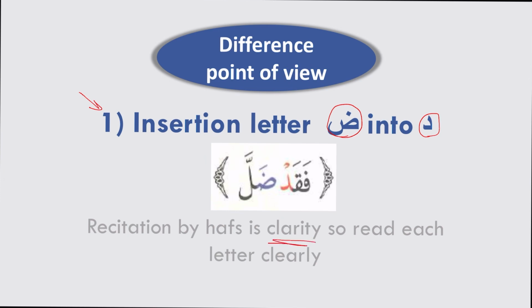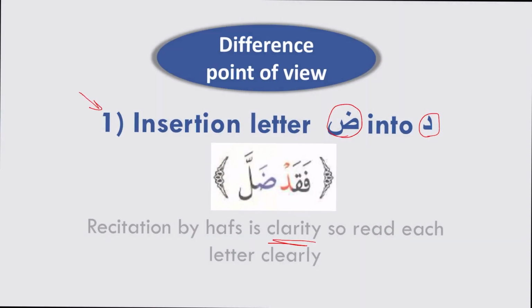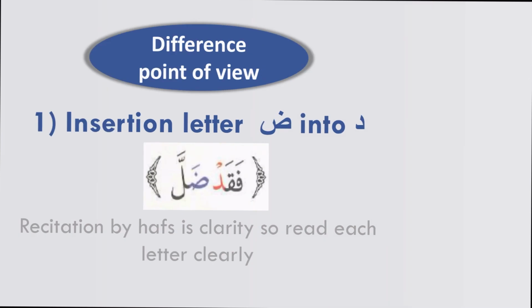So we have to read it by Hafs as قد ضل, giving every letter its characteristics and everything. While some reciters used to make it as فقد ضل, as a complete insertion. Let's focus on Hafs because this is our case now, and inshallah later on when we study the differences we're going to learn that, but this is from the difference point of view.